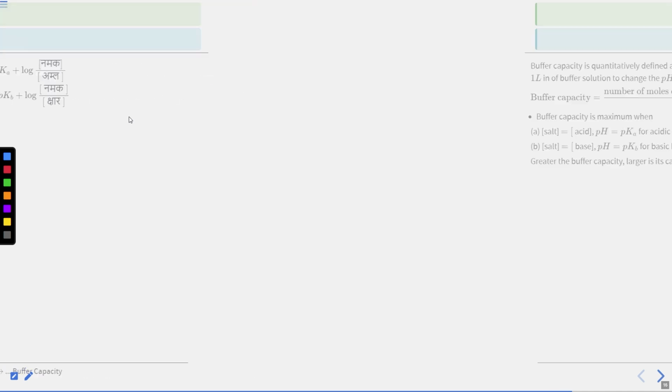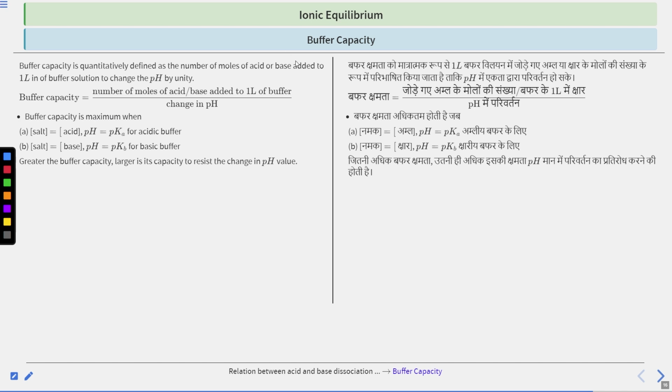Okay, now what is buffer capacity? So buffer capacity is quantitatively defined as the number of moles of acid or base added to 1 liter of buffer solution to change the pH by unity. We are talking about quantitatively.